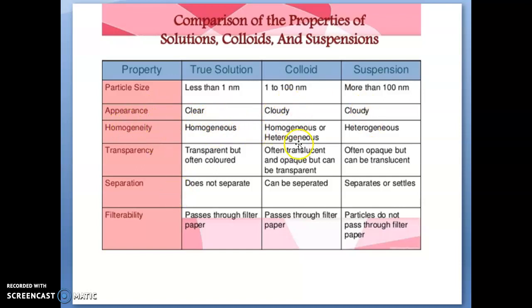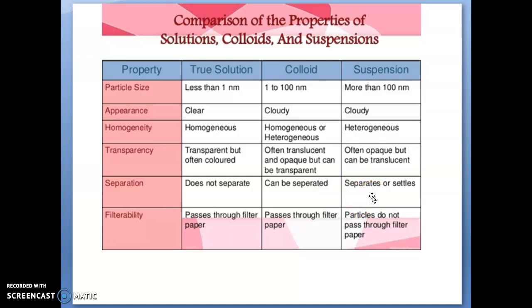A true solution is homogeneous, a colloidal solution is in between, and a suspension is heterogeneous. A true solution is transparent, a colloid is often opaque but can be transparent. Separation: a true solution cannot be separated. A suspension can be separated.